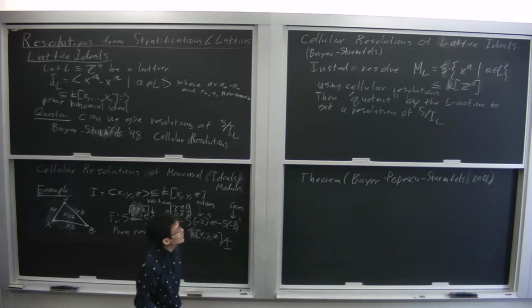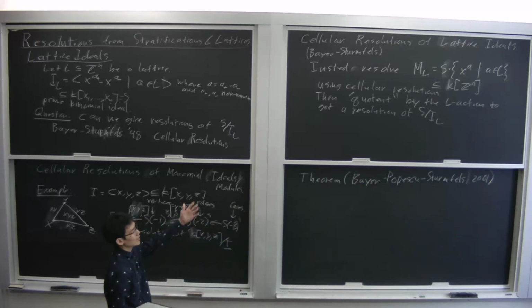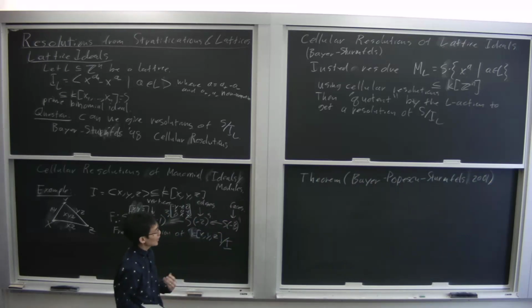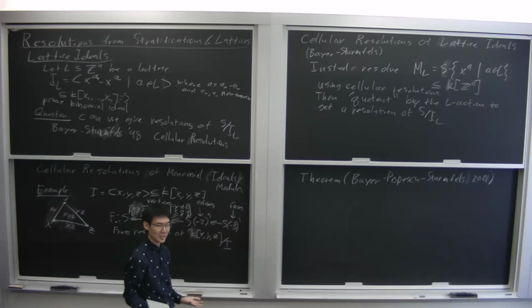And so what I want to say is there are general techniques to construct cellular resolutions for things constructed with monomials, and you can apply those techniques to M_L and just hope that it gives something small. And sometimes you're just lucky and it works. And that's actually what Bayer-Sturmfels do in the original paper.